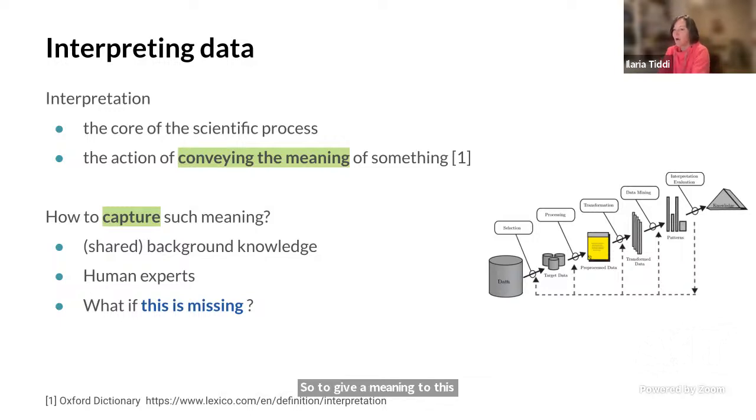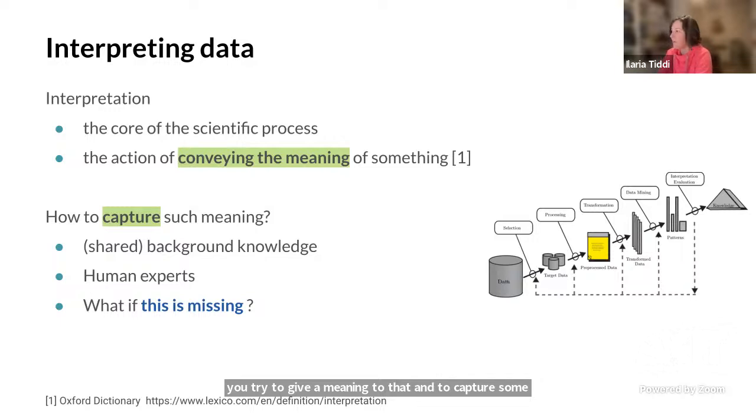This is actually how interpretation is defined in the dictionary. It's really the action of capturing and conveying the meaning of something. Usually, the way you try to give a meaning to patterns and to capture this meaning is by using your own background knowledge.